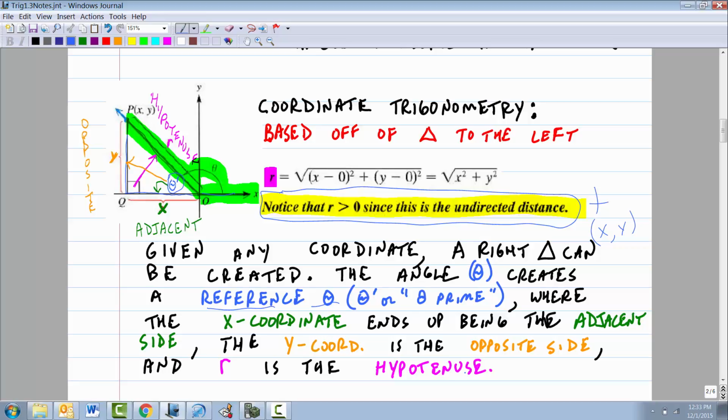This is not just this one example. When you do coordinate trig, you do x, comma y, and then you come back to the origin. When you draw your triangle the right way, x is always the adjacent side, y is always the opposite side. The hypotenuse will now be called r for radius. And you don't understand that quite yet, but it is what it is.